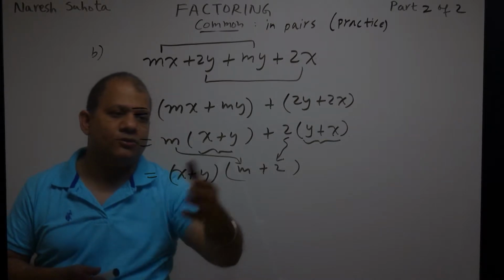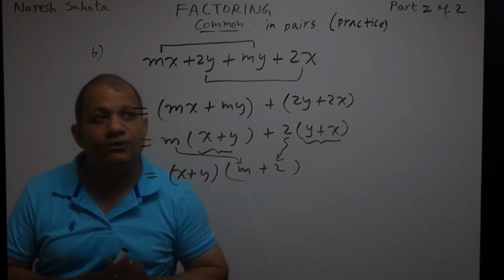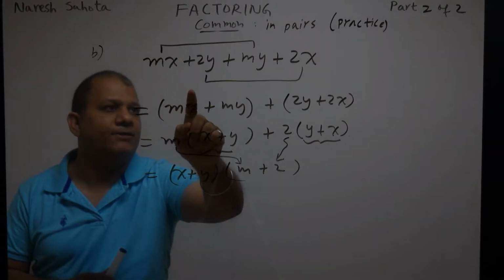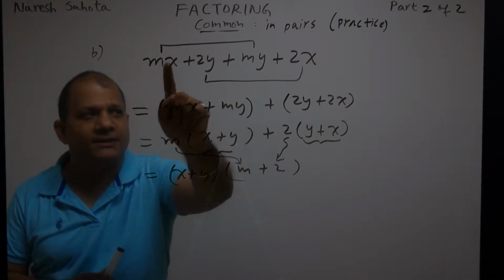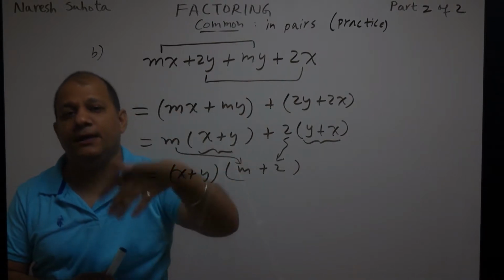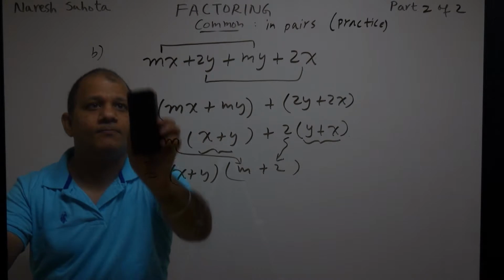Okay, so that's the final answer for this question. And you can try pairing differently. You could try pairing mx with 2x and then 2y and my, and then see if you get the same answer.